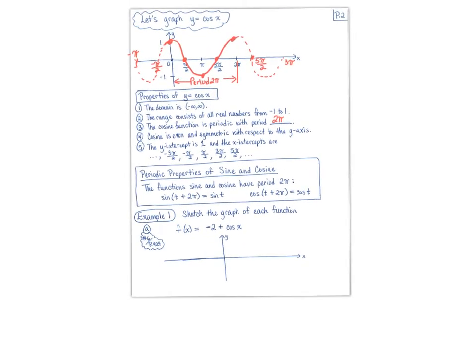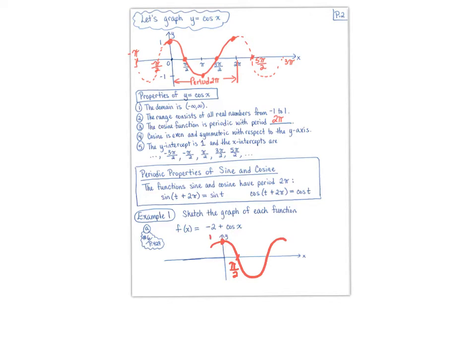Now what we want to do is sketch the graph of -2 plus cosine of x. So first let's sketch cosine of x. Use a marker. One period of cosine of x looks like that, right? So again, you can mark your x-intercepts and your y-intercept.